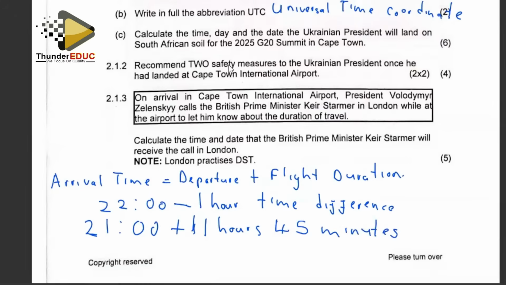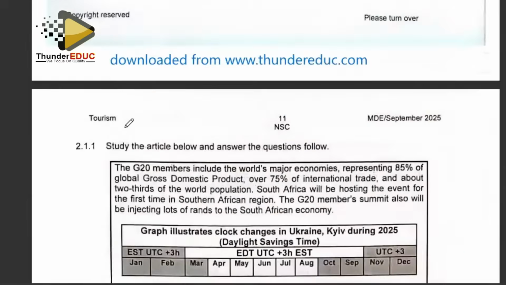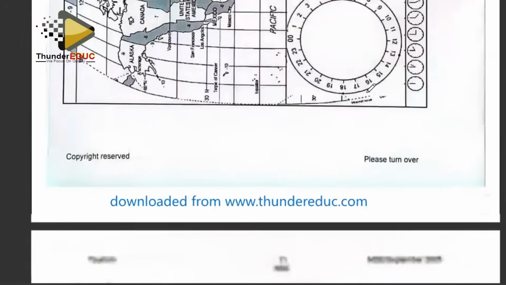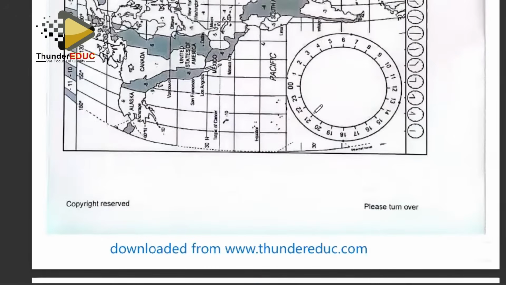The easiest way of calculating this arrival time is by using your time zone map, whereby you use this particular circle. He left at 21, so if we count from here, we need to count 11 hours: 1, 2, 3, 4, 5, 6, 7, 8, 9, 10, 11.